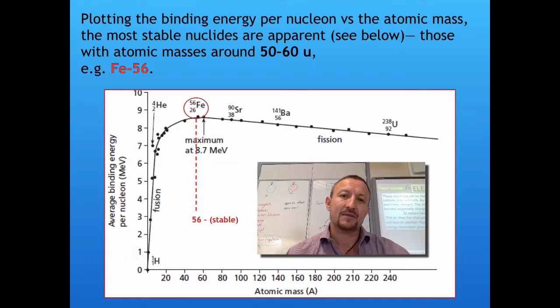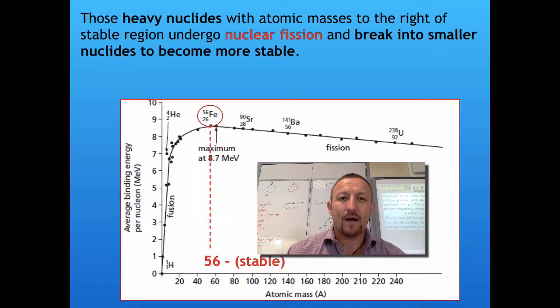This instability, as a result, will cause these radioactive particles, or these nucleons, to break down, this nucleus to split up, and the result is that we will get new elements which are created. So we've got this most stable point at iron-56.